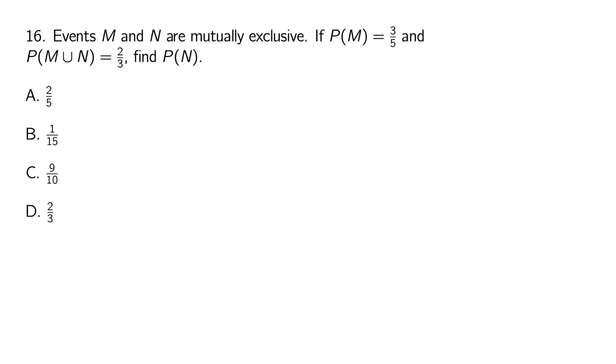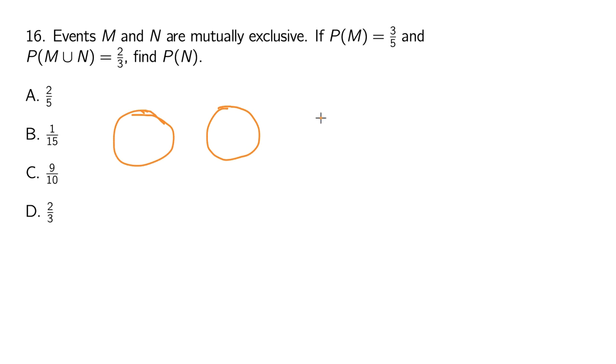The next problem is question 16, where it says events M and N are mutually exclusive, and the probability of M is 3/5 and the probability of the union is 2/3. So find the probability of N. Now, when two events are mutually exclusive, it means that they do not intersect, they are disjoint.